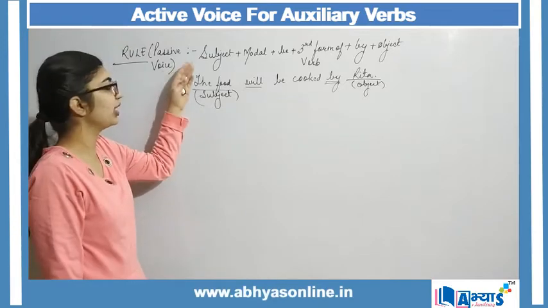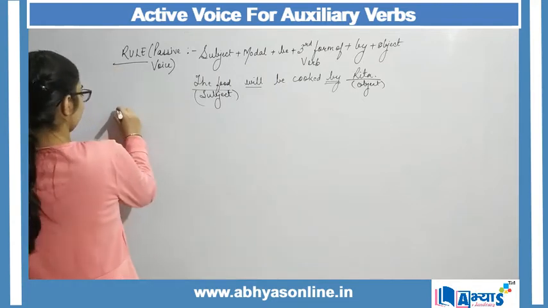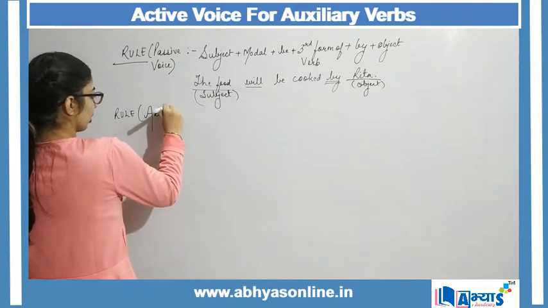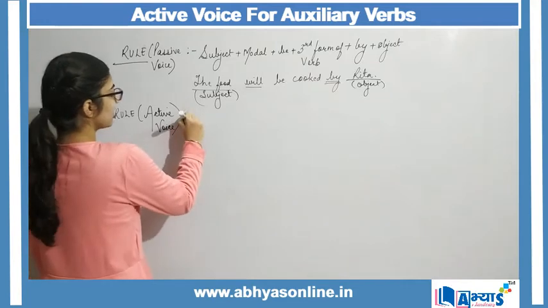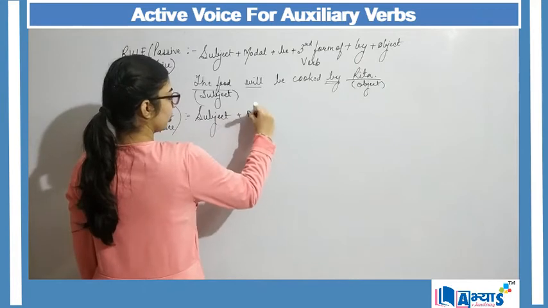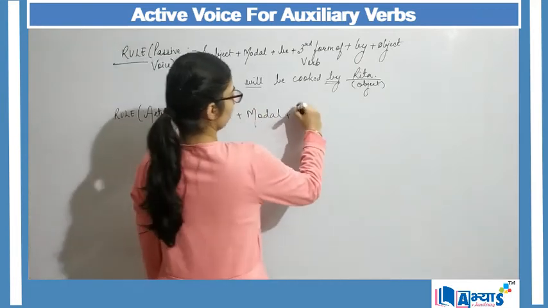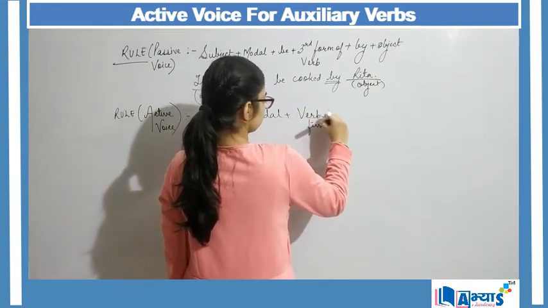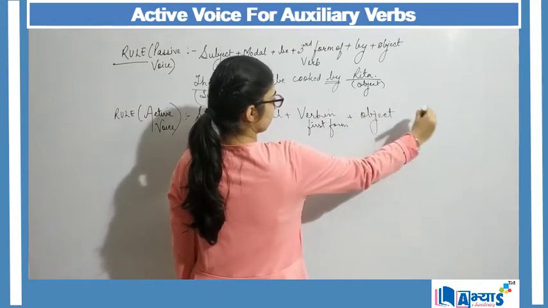Next, we will consider the rule for converting passive voice into active voice with a modal. The rule for active voice is: subject plus modal plus the verb in first form, followed by the object.